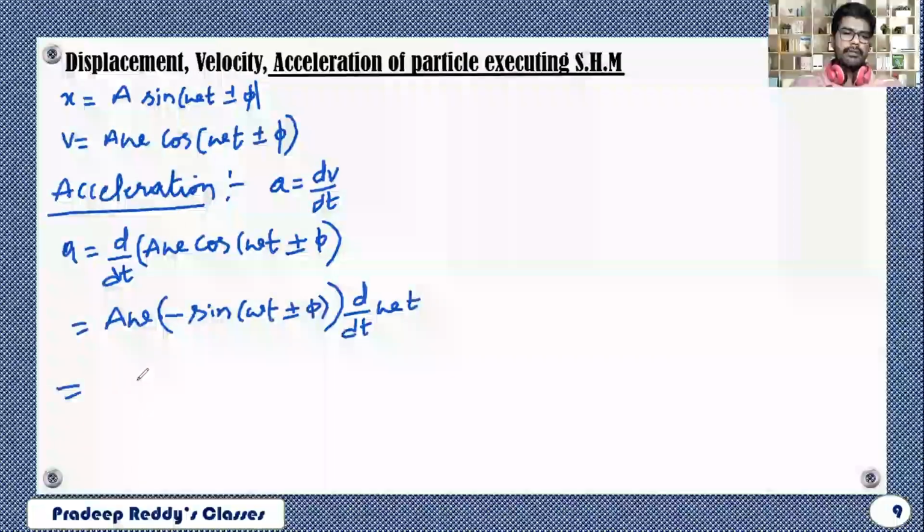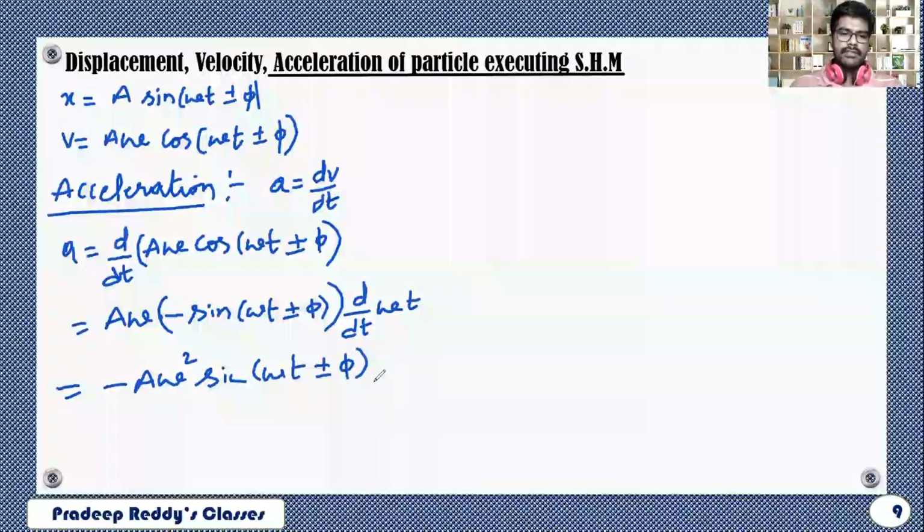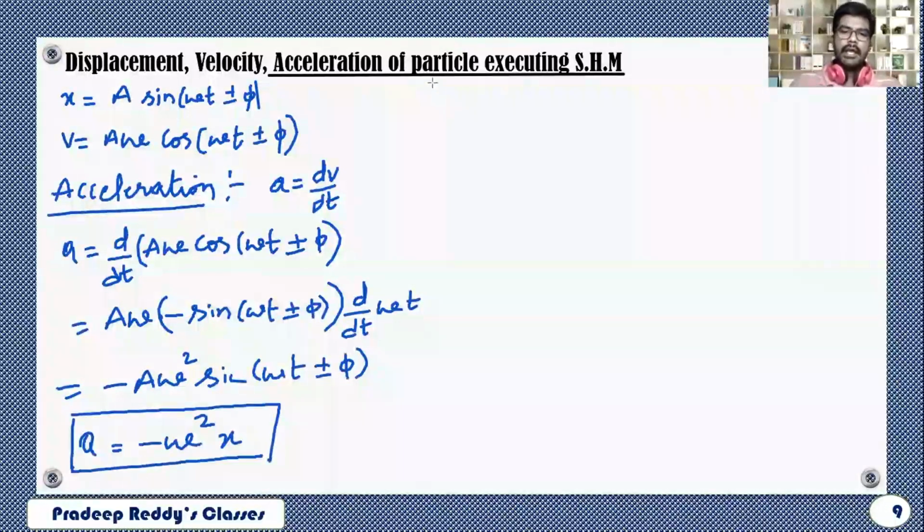This is equal to minus a omega square into sine of omega t plus or minus phi. But what is a into sine of omega t plus or minus phi? That is x. Therefore, a is equal to minus omega square into x. This is the equation for acceleration of the particle which is executing simple harmonic motion.